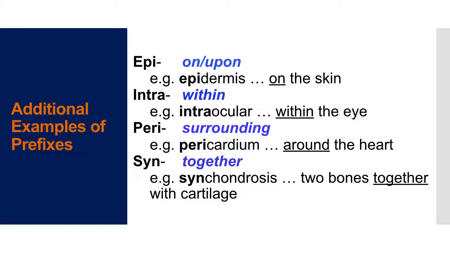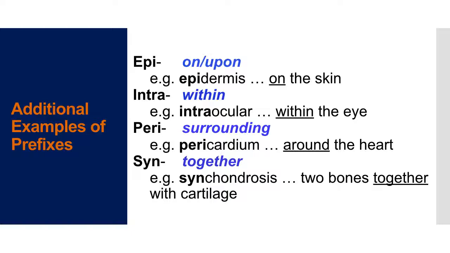Intra means within, such as intraocular: ocular means eye, so within the eye. Peri means surrounding, and that's very similar to English. So pericardium means around the heart.